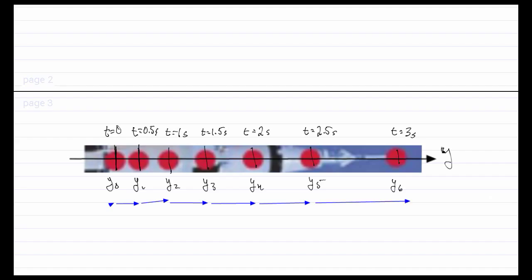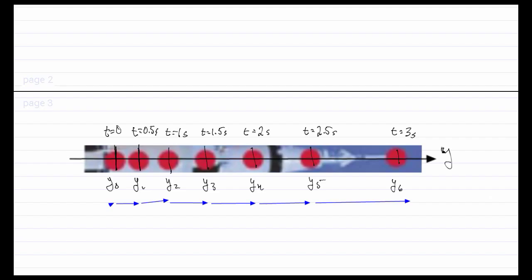And as you can see, since these dots represent equal time intervals, the displacement in each time interval is getting larger and larger. So our velocity is getting larger and larger.